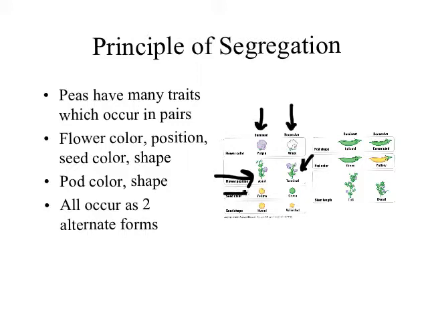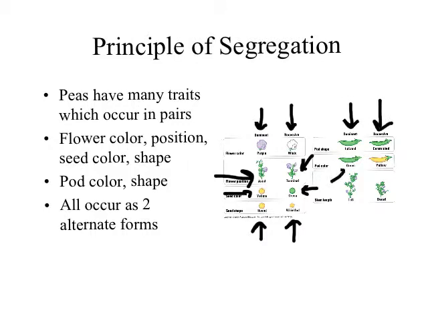Same with seed color. We either have yellow seeds or green seeds. We don't get polka dots, we don't get stripes, we don't get blue. And then seed shape either comes as round or wrinkled. Again, not a combination, and not anything other than round or wrinkled. Same thing with the pod shape. We can either have inflated or constricted.